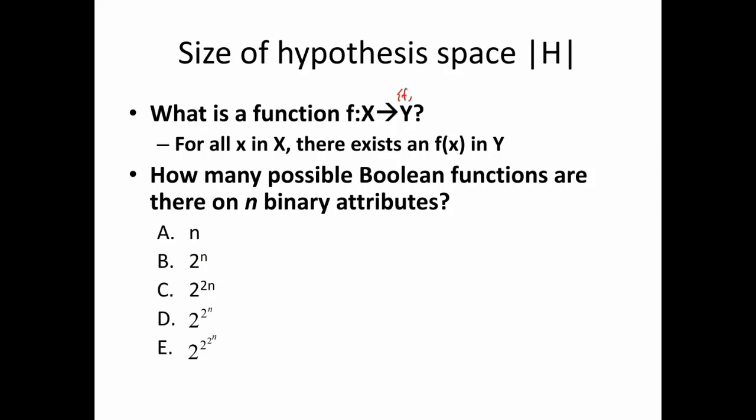So Y is a set {true, false}, and X is a set of all vectors with n rows where each x_i is either f or t. So then how many possible Boolean functions are there? Which is just the cardinality of H.